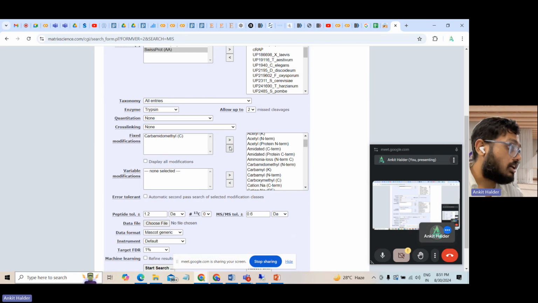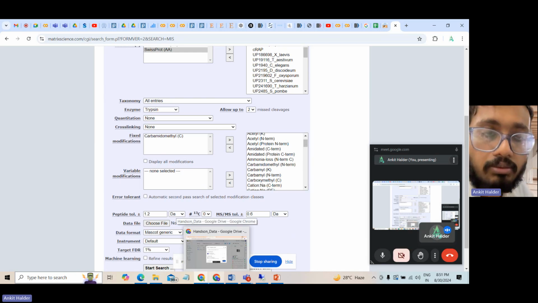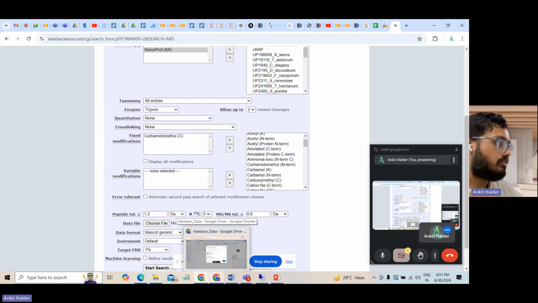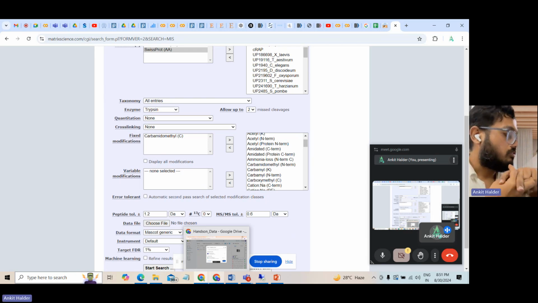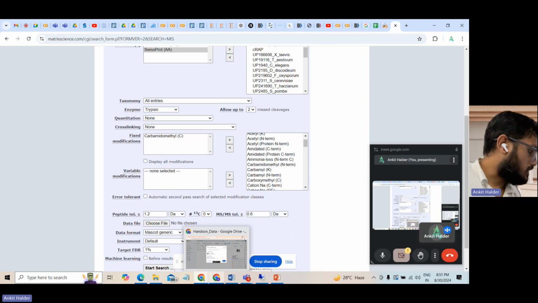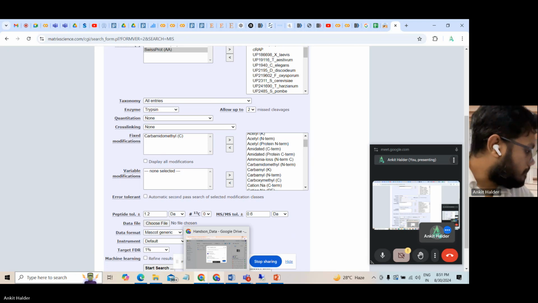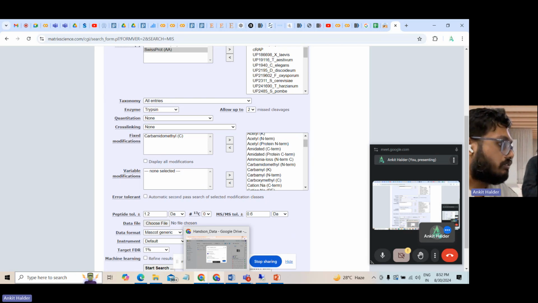This carbamidomethylation is required because we have done alkylation, which leads to the addition of alkylated groups.